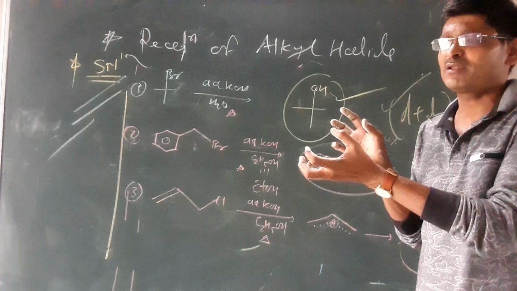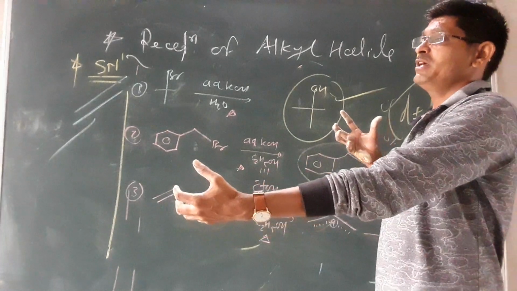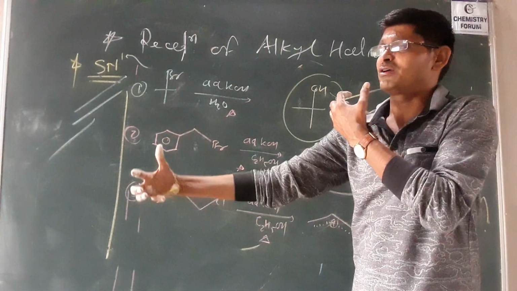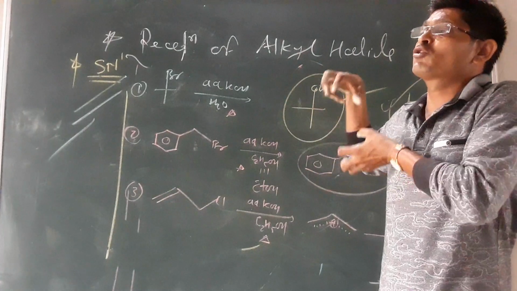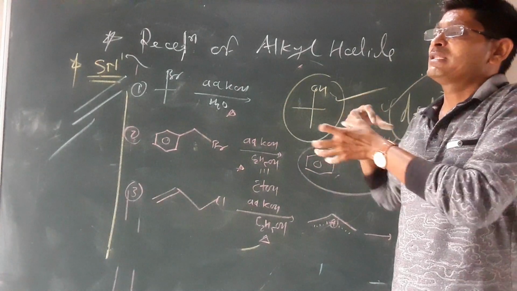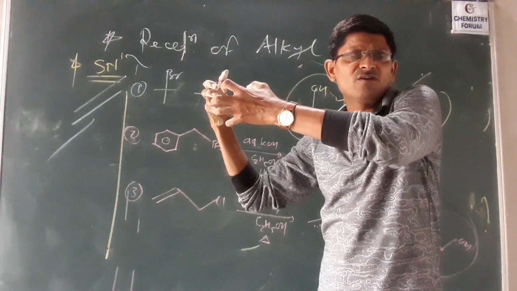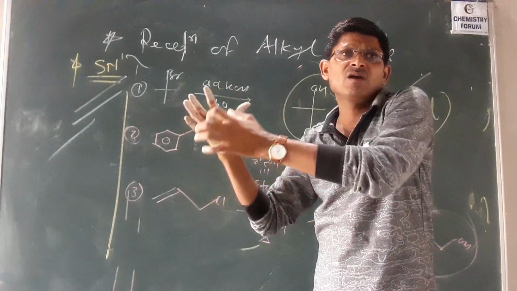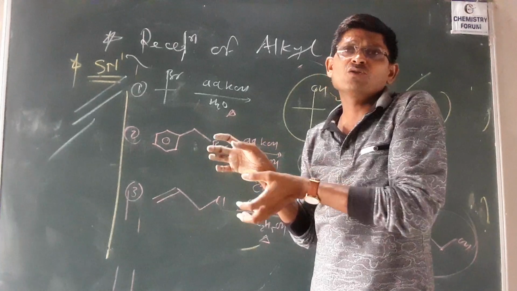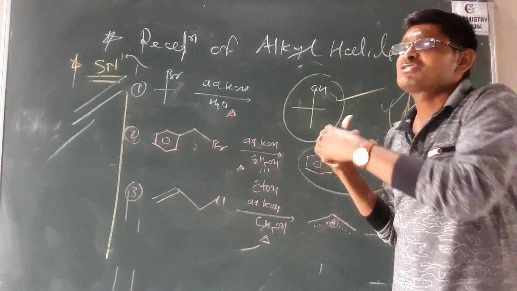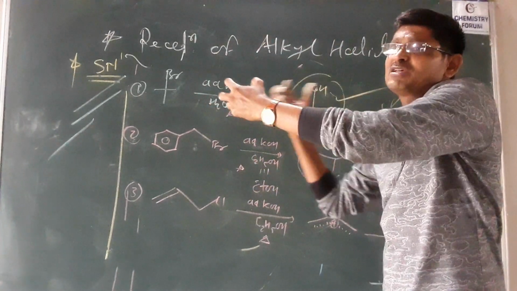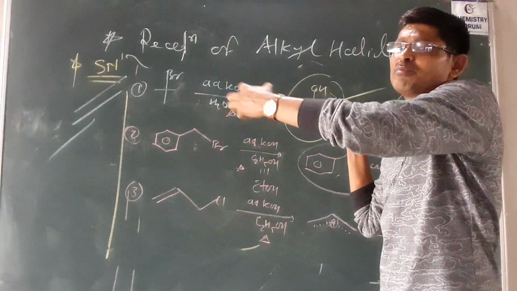In the SN2 type of reaction, inversion of configuration takes place, because the bulkier group is on the front side, that's why the nucleophile attacks from the back side. It is a concerted reaction. What do we mean by concerted? Bond breaking and bond making take place simultaneously.